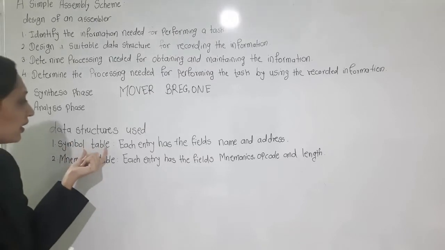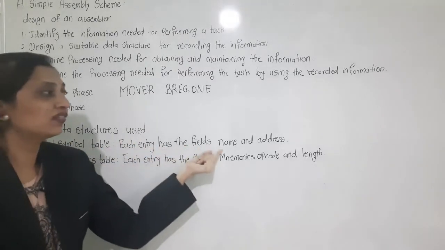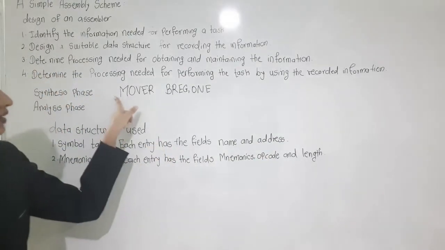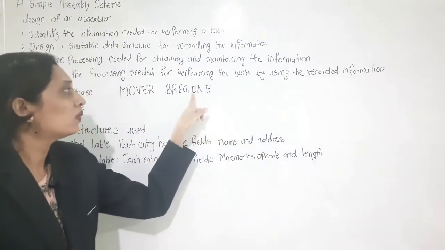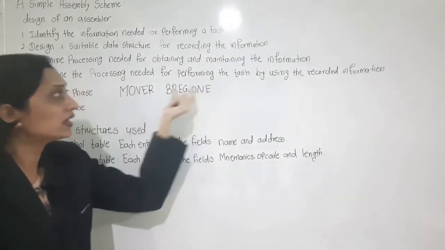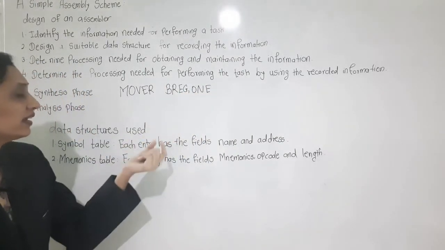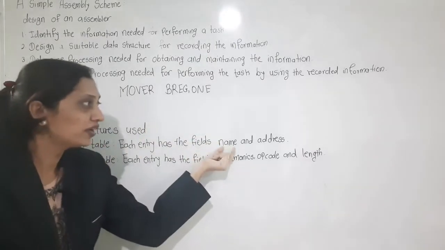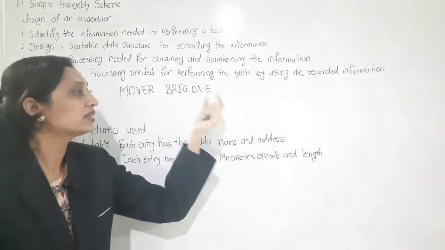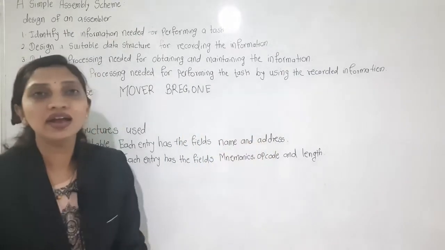For each entry in the symbol table there is a name field and an address field. So the symbol ONE is put in the symbol table name field and the address of that symbol is put in the address field.